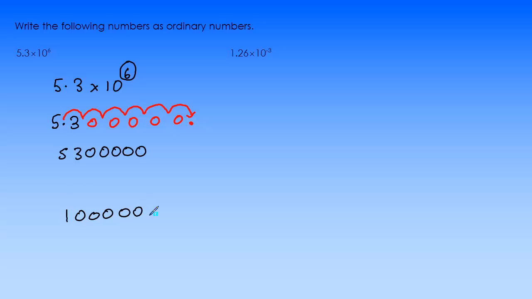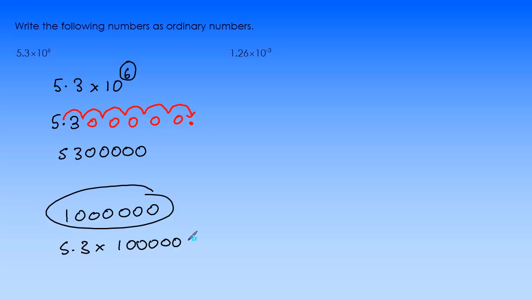It's a million. So sometimes people look at this as doing 5.3 times 1 million. That's what 5.3 times 10 to the 6 means. But think about what you do when you times by a million. You move the decimal point 6 places, exactly what we did before.